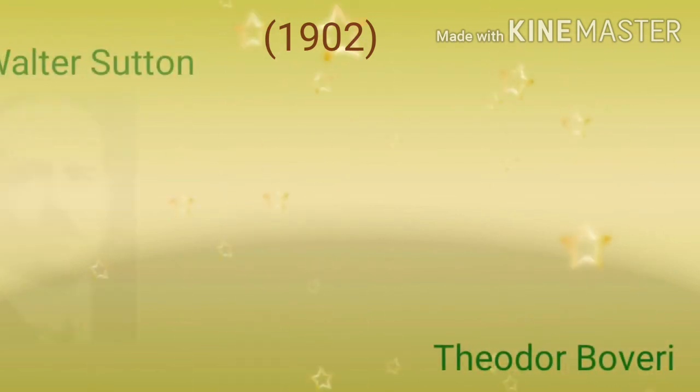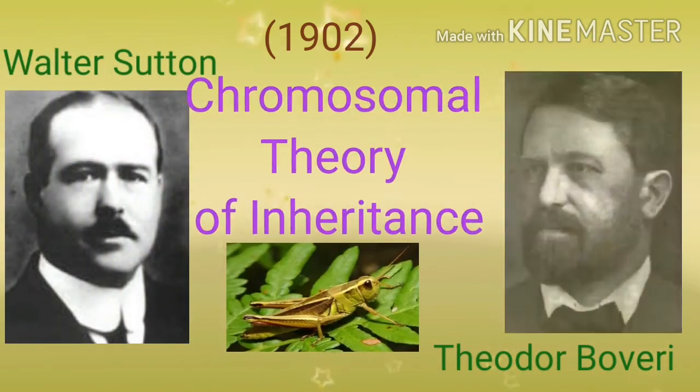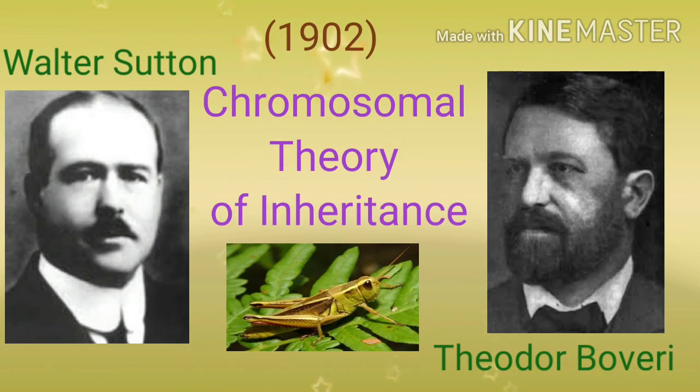In 1902, it was Walter Sutton and Theodor Boveri who proposed the chromosomal theory of inheritance when they observed the pair of chromosomes in the cells of grasshopper.